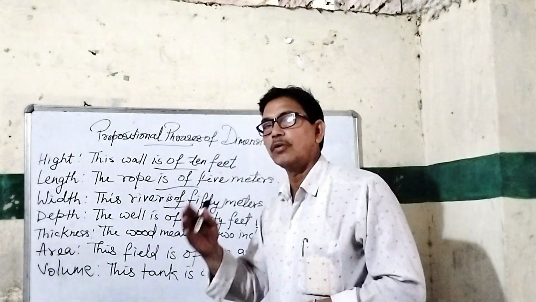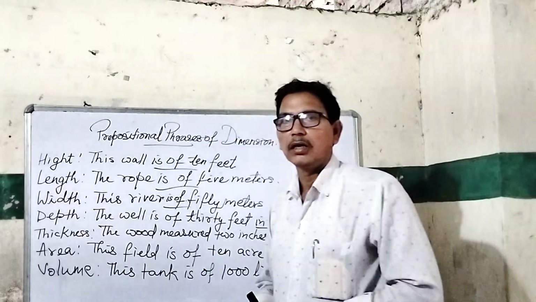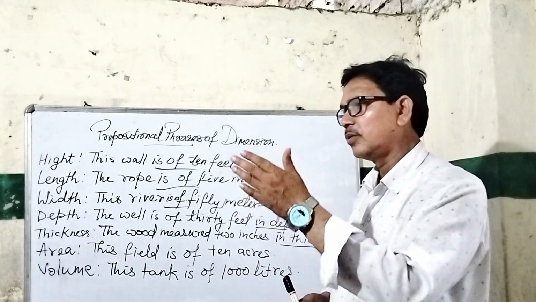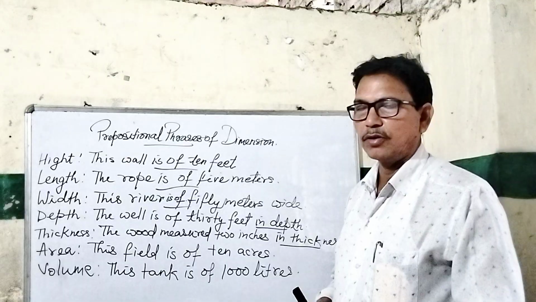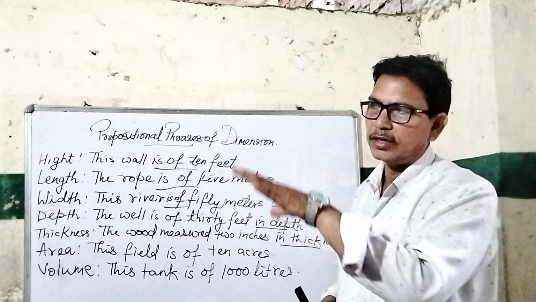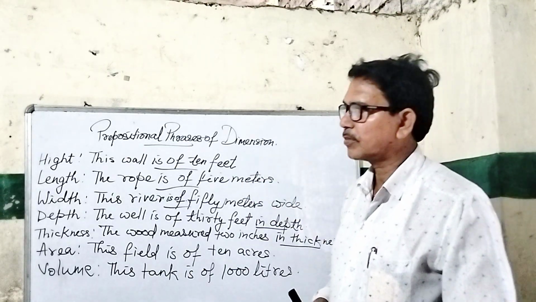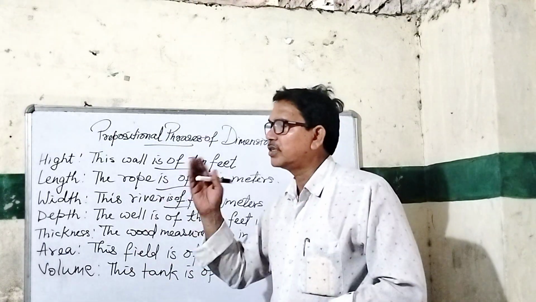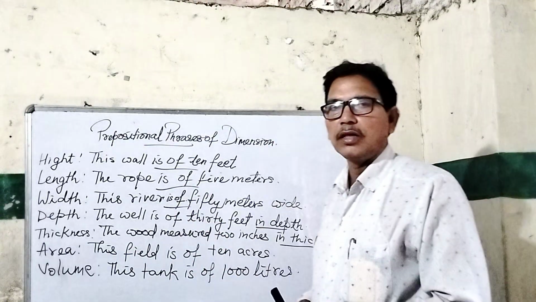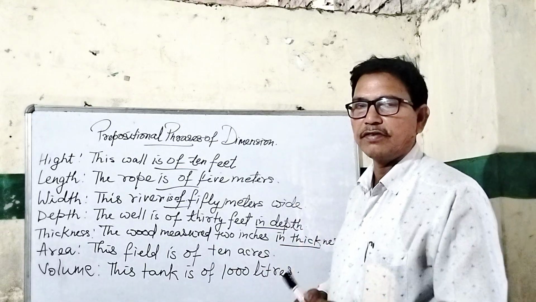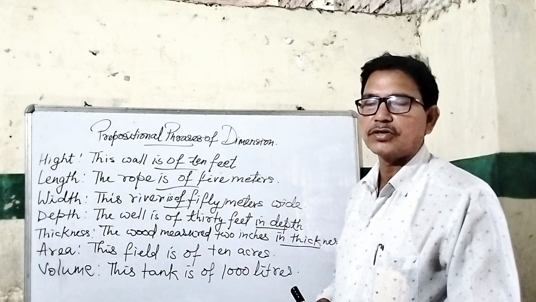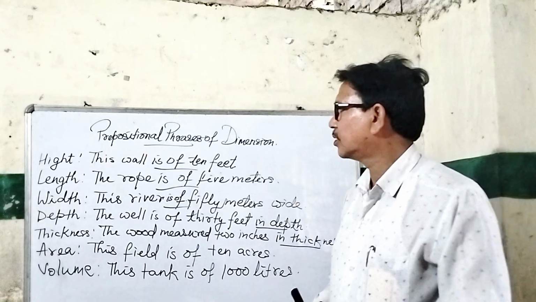Here I am talking about the height of something. Even about a person I can say that my friend is of a good height. The height of my friend is good. I can talk about the height of a tree, that the height of the tree is 20 feet. In this way we can talk about the height.